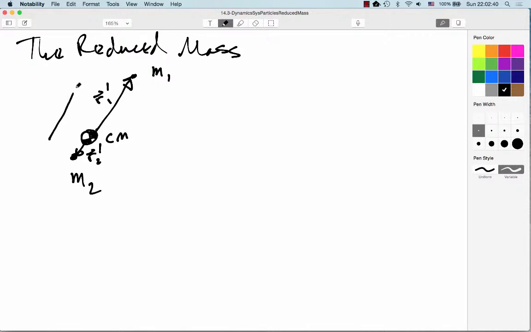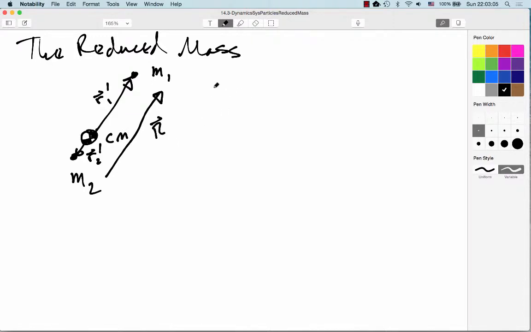When we assumed that the planet was glued down, the star was glued down, we were effectively moving the coordinate system to the star. So it would say that the position of the planet is, we'll call it big R.